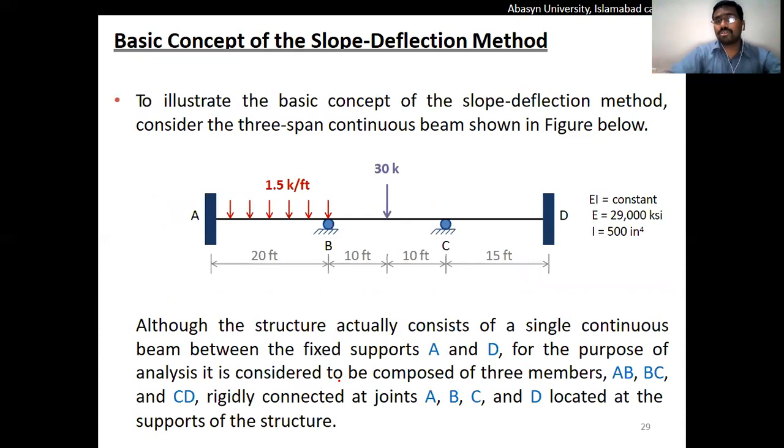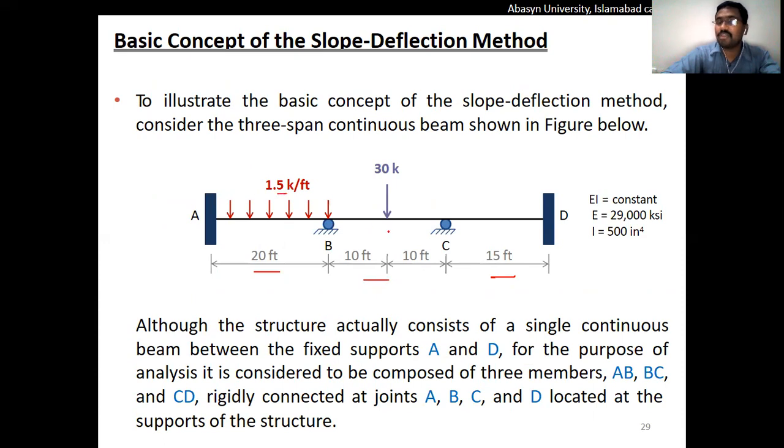Now, in order to illustrate the basic application of the slope and deflection equations, consider the three-span beam mentioned here, A, B, C, and D, where span AB has a length of 20 feet, the second span BC has a length of again 20 feet, and the third span CD has a length of 15 feet. We have a uniformly distributed load in span AB of 1.5 kips per foot.